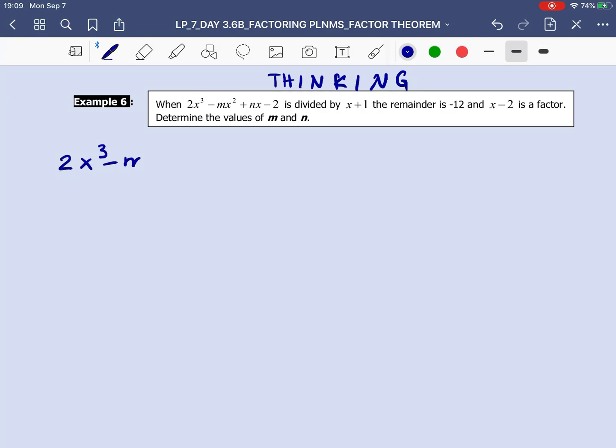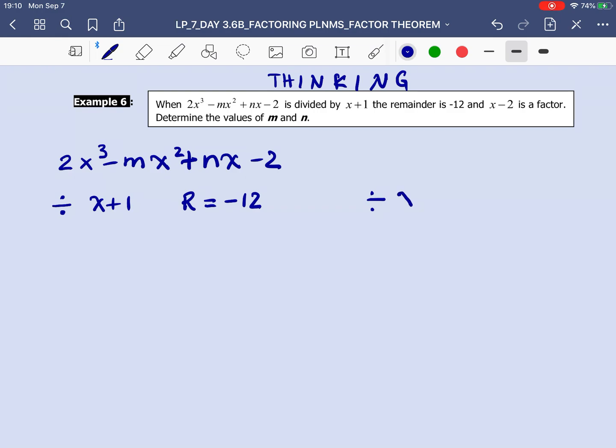So we have a polynomial 2x cubed minus mx squared plus nx minus 2. We are told that when divided by x plus 1, the remainder is negative 12.